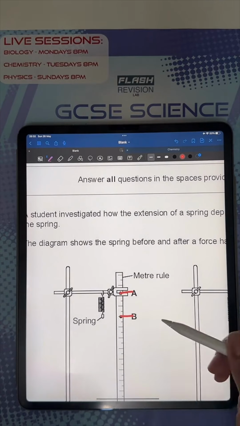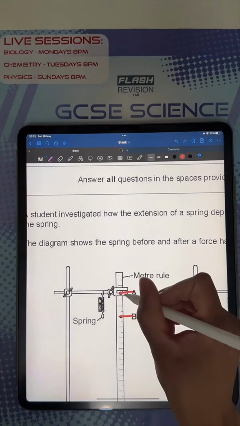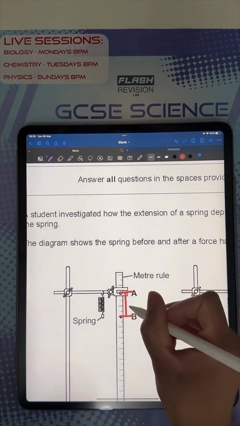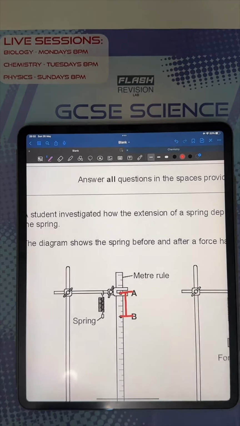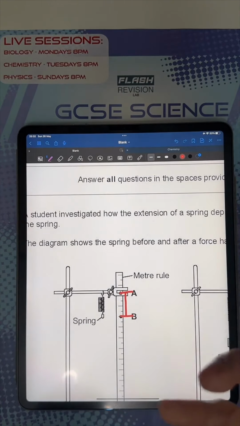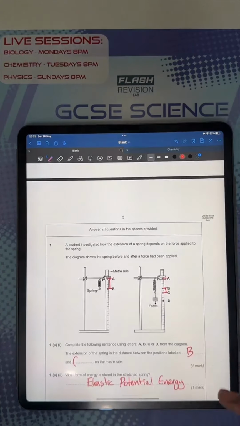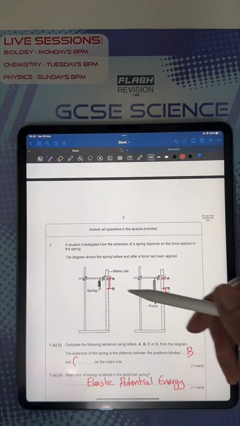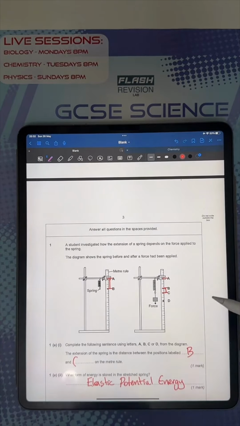So the mistake that they must have made is they said this was 50 and this is the extension, but that's not what the extension is. Remember what I said? There should be no extension at the start because it hasn't extended. It's just its original state right now. So the mistake that they've made is they've used the original length as the extension. Does that make sense?